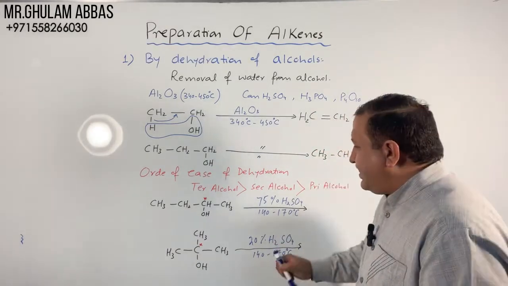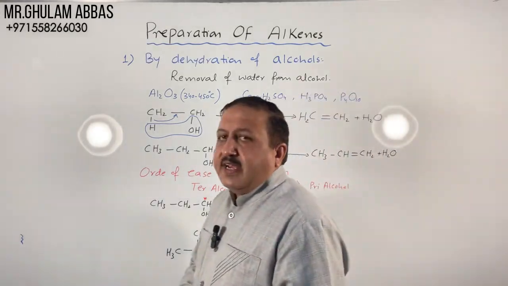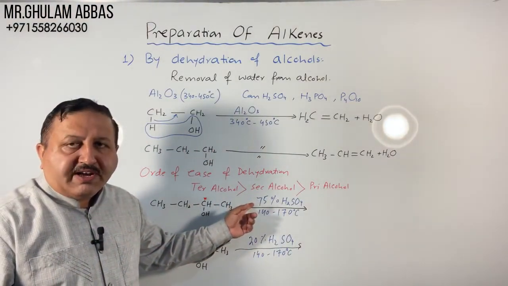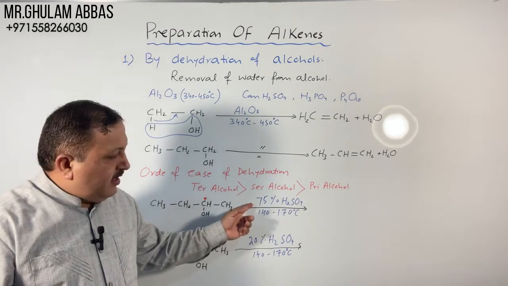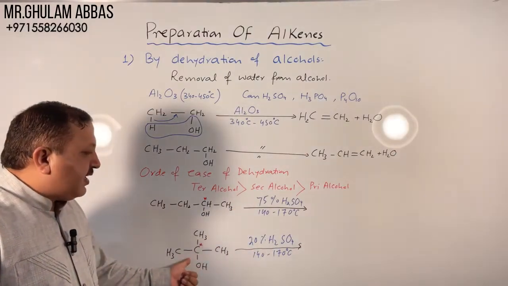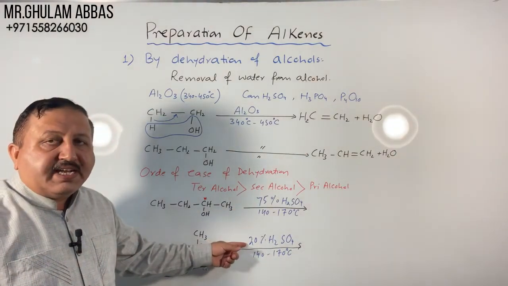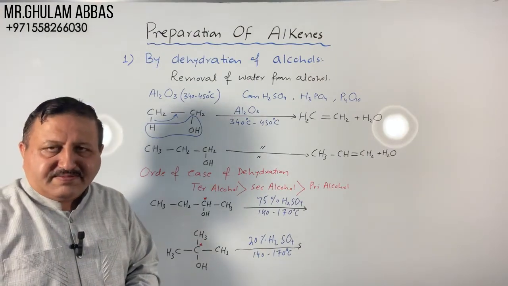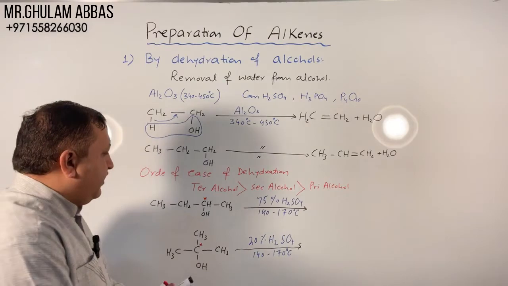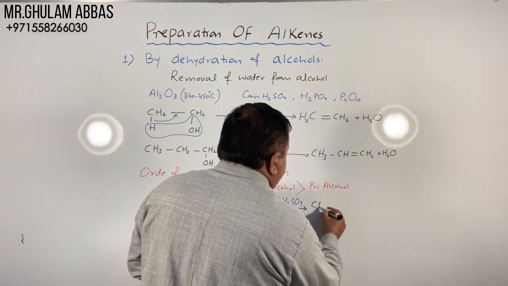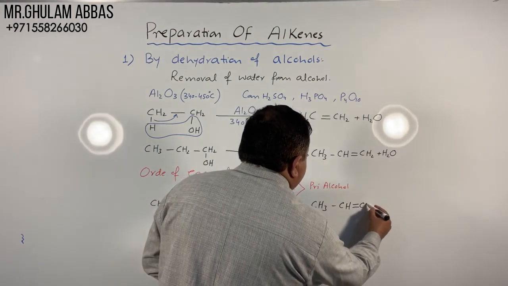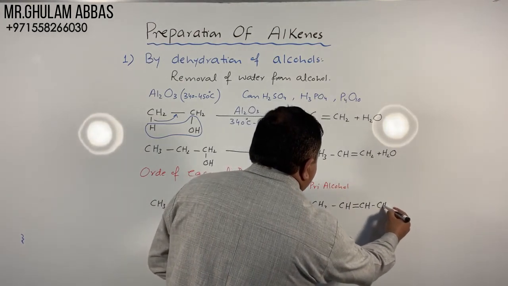The actual difference is, in case of secondary alcohol, 75% H2SO4 is required, which is very concentrated. For the removal of water from tertiary alcohol, 20% H2SO4 is required. It means that it is very dilute. The products will be CH3-CH=CH-CH3.